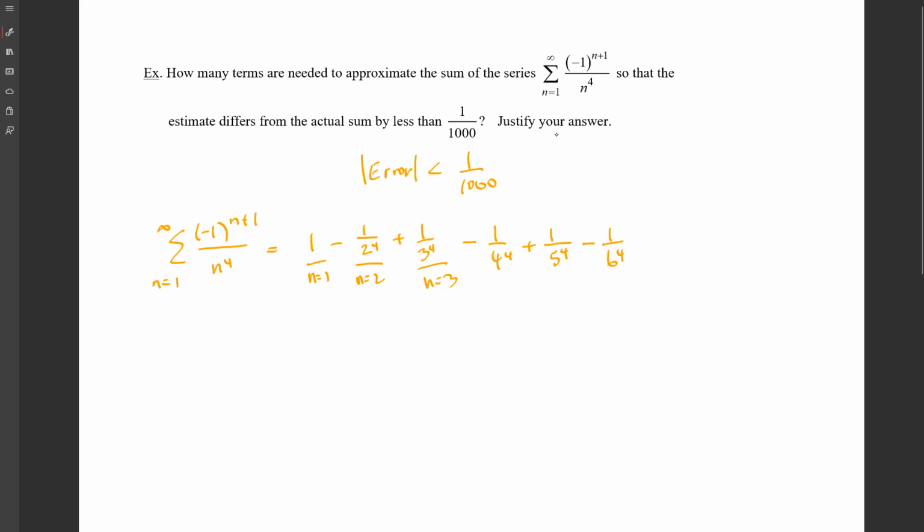Now the question is, where can I draw the line so that my error will be less than 1 over 1,000, which means which one of these numbers is less than 1 over 1,000?